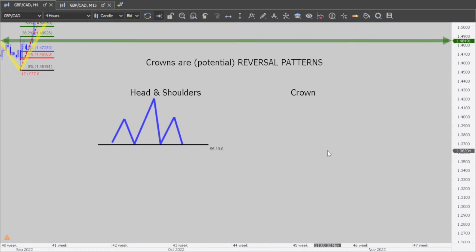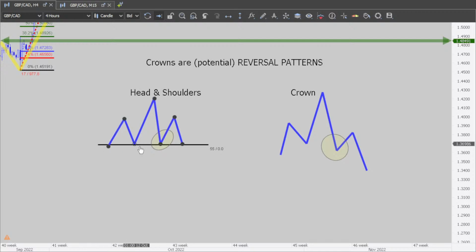Now, how is the crown different? The crown is going to have the left shoulder, if you want to call it a left shoulder. Then it's going to have a head, if you want to call it a head, but then the specific of the crown, everybody, is going to make a lower low. So in here, this is the difference. Head and shoulders, most likely, not to the pip, right?